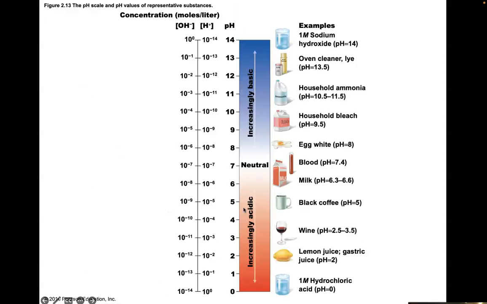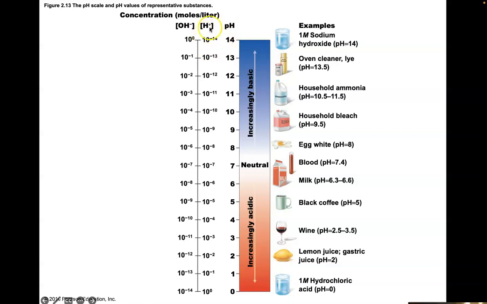You don't necessarily have to understand this now, but it's confusing because things that are pH 14 have 10 to the negative 14th hydrogen ions, which means they actually have fewer hydrogen ions.